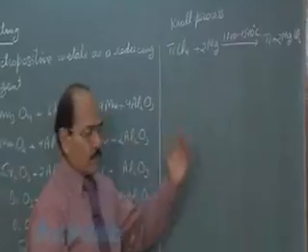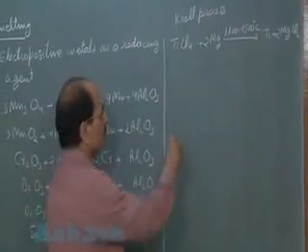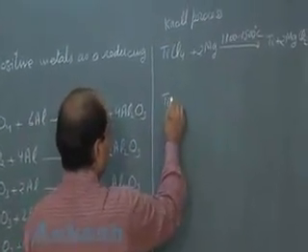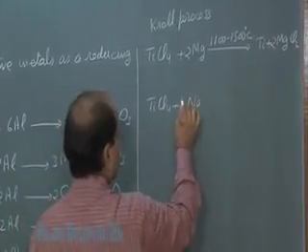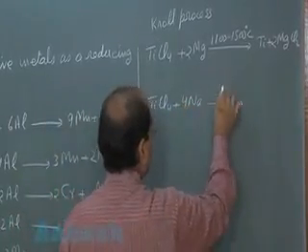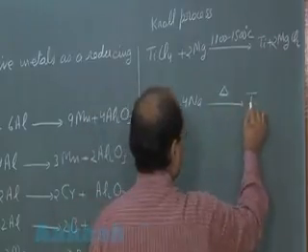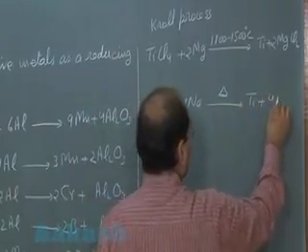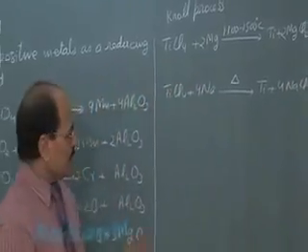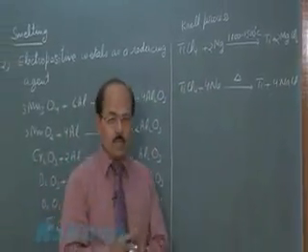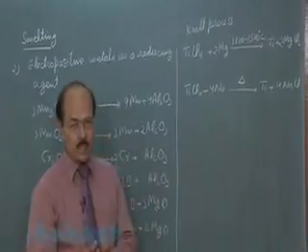Titanium tetrachloride can also be reduced by sodium. So these are some of the examples where electropositive metals are used as a reducing agent.